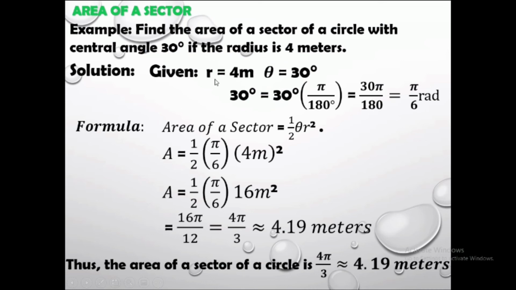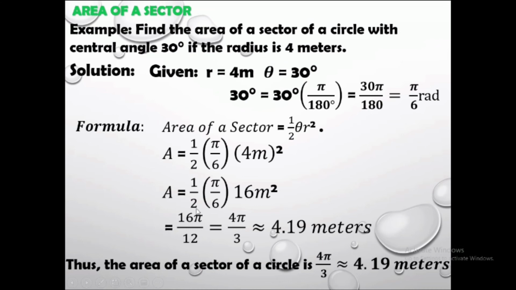Then we are going to substitute the value of radius and theta. So 1/2 times pi over 6 times the square of 4 meters. So we have 16 pi, because 1 times pi times 16 gives 16 pi.